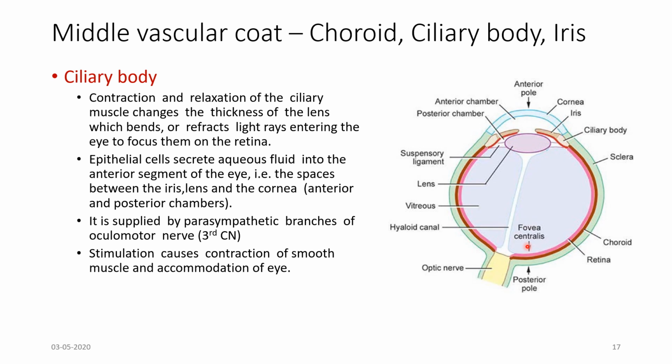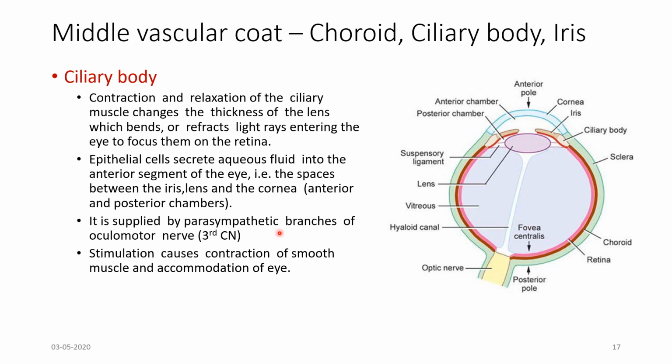The epithelial cells lining the ciliary processes secrete the aqueous fluid into the anterior chamber of the eye. It is the space between the iris and the cornea. The space between the iris and lens is the posterior chamber.